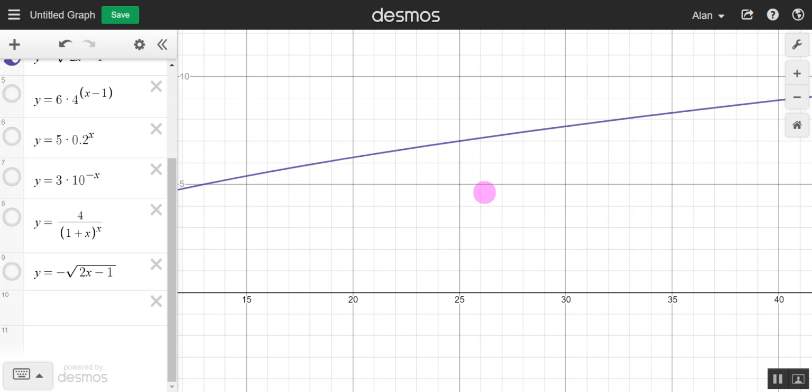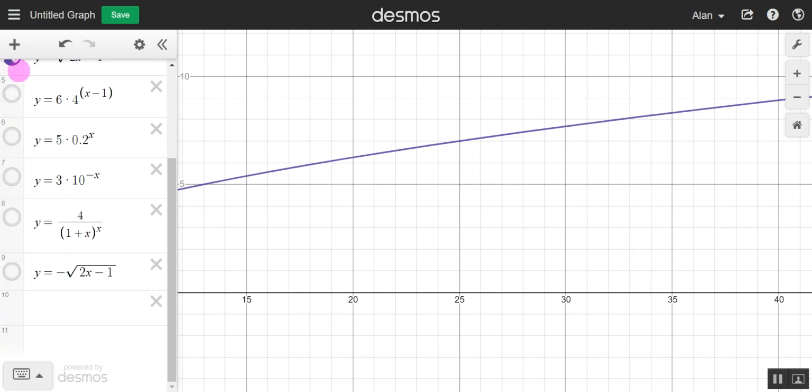They look at that and they don't believe that that won't stop, but it will. It'll just increase at a decreasing rate, won't it? So the increase will get smaller and smaller. But if we went on forever, it would reach as high as we ever needed it to go. It would just take a long time to get there. Okay? So again, this is one that will increase forever.